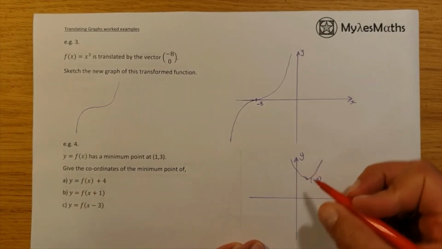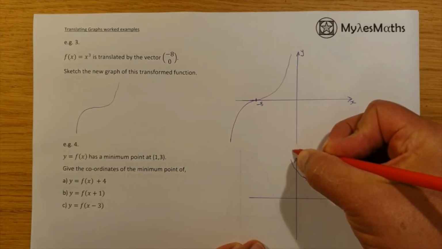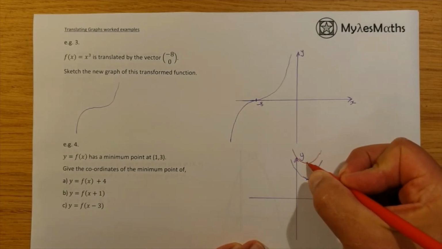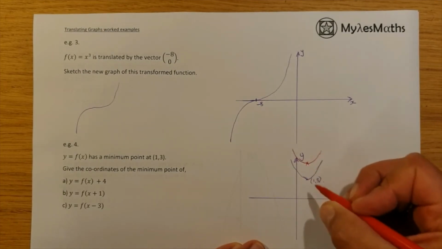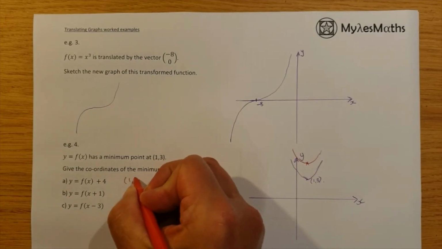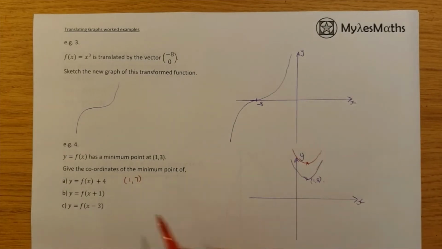So in the y direction by 4 units. So it's going to be up here somewhere. What's the location of this point? Well, clearly it's 1, 7, isn't it? Because I've moved this point upwards by 4 units. Hence 4 plus 3 is 7.